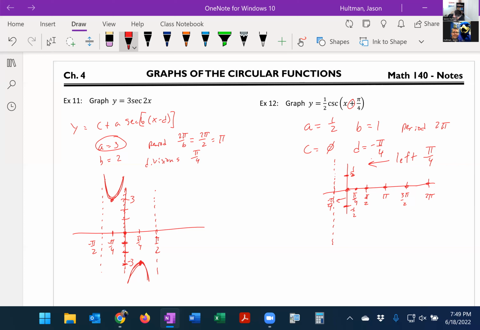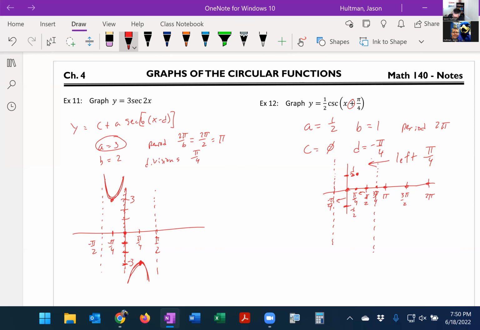That gives me a 1/2 at pi over 4. Then this pi gets shifted over to 3 pi over 4. We're basically just subtracting pi over 4 from everything, and that becomes our new reference values.